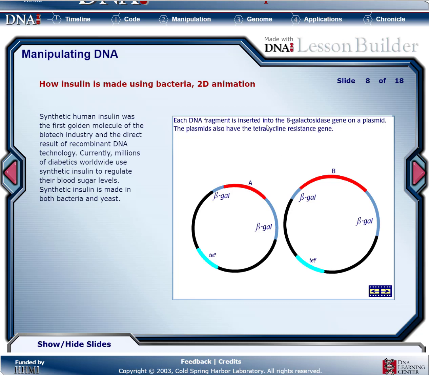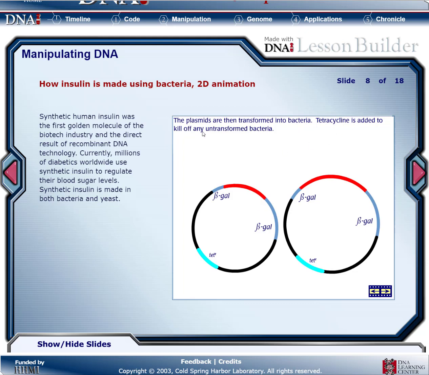So the DNA fragment was inserted into the beta-galactosidase gene. The beta-galactosidase gene was this dark blue, in contrast to this light blue here, so that fragment was inserted in between them. The plasmids are then transformed into bacteria.